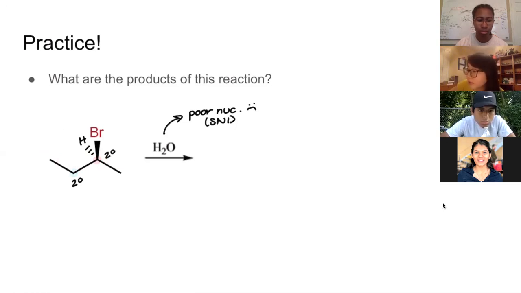And so in this case, there are not going to be any methyl shifts or hydride shifts. You always want to check this with the SN1s because that's where it could happen, because you have your carbocation intermediate. I'm going to go ahead and just draw the products for now, just for the sake of time. But if you have any questions on how I got this, I can also show you.